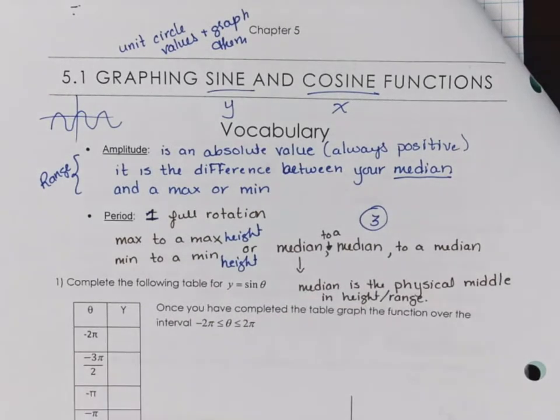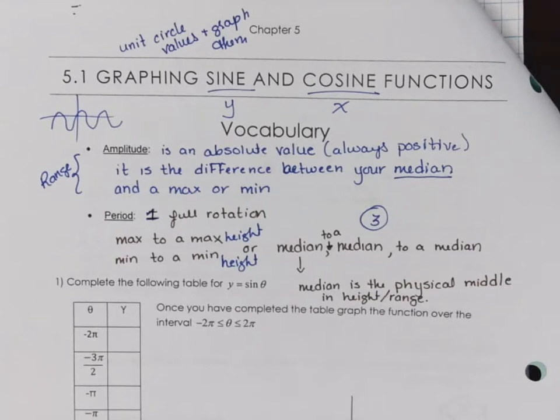And if you have a max to a min, that's half a period. And that's okay if it doesn't make sense yet, because when we graph it, it's going to make more sense. I understand what you mean by median to a median to a median, because that would be your first one, second, back to third. Exactly, yeah.